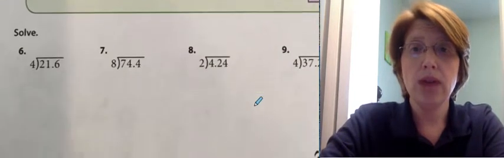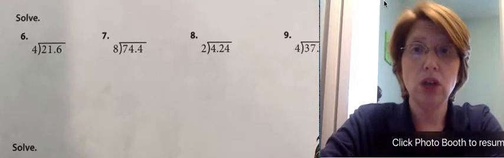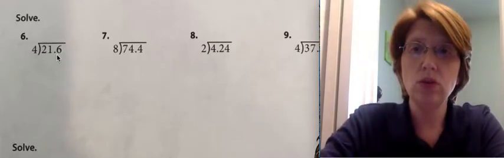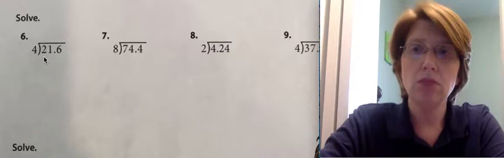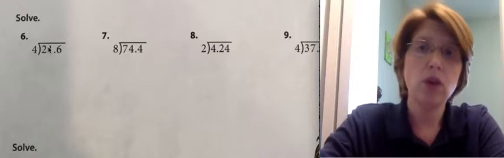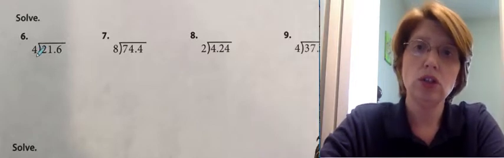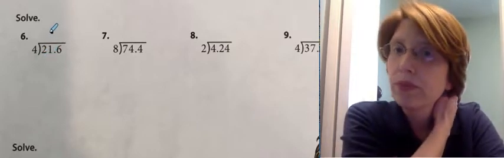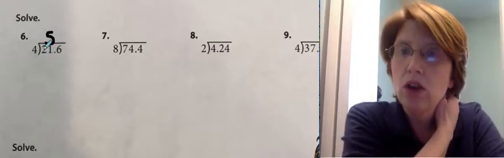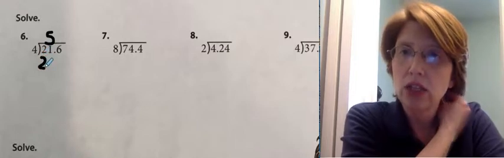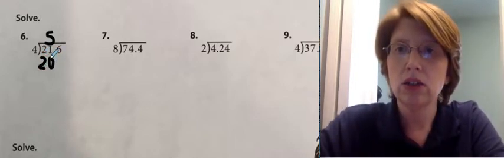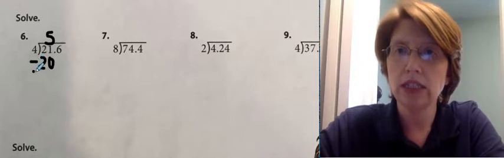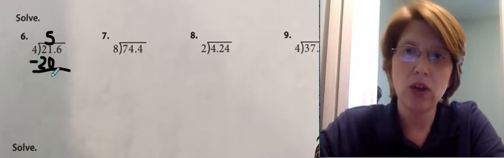Okay. Now, below, it's the same thing. They added a digit for you here. So instead of 4 can't go into 2, we're going to say 4 goes into 21 5 times. 4 times 5 is 20. We're going to subtract and bring down that 1.